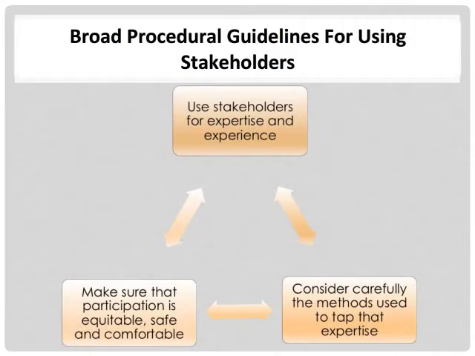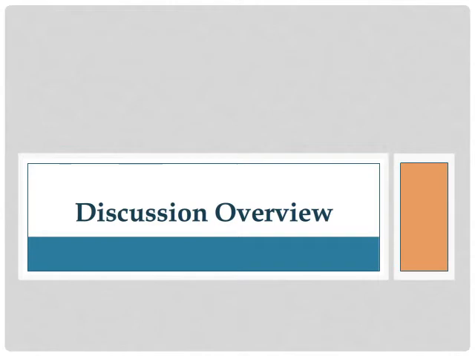As you begin reflecting on who your stakeholders are, also think about what they should be doing and the guidelines that you will use for your stakeholders. This leads us to our discussion, and you're going to be focusing on those two key areas that I'm ending the lecture with: identifying your stakeholders and figuring out where they fall on the matrix.